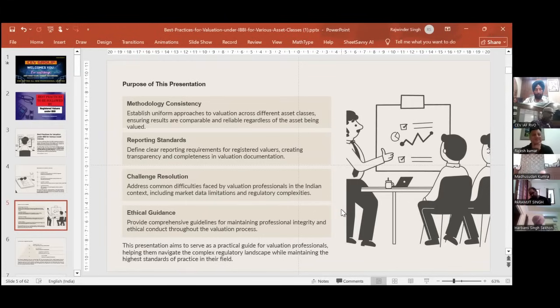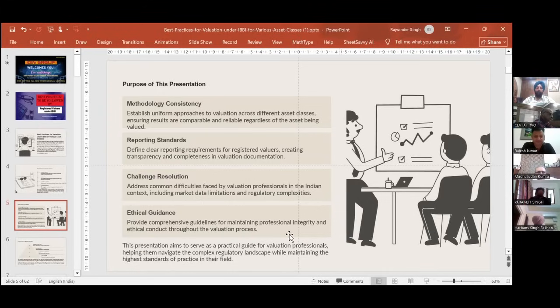After methodology consistency, we must have standardized reporting. Valuation reports which are to be submitted should be in a standardized format. We have to define clear reporting requirements for registered valuers, creating transparency and completeness of valuation documentation.